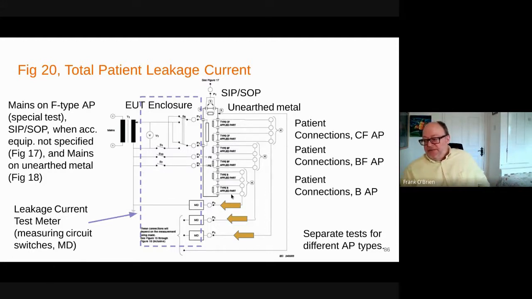If you have multiple applied parts, if you had separate BFs and CFs, you'd do those together separately, all the C's together and all the B's together, not all of them. And then you check for those limits. That's just how it's specified. And so you do those separately if you had B.